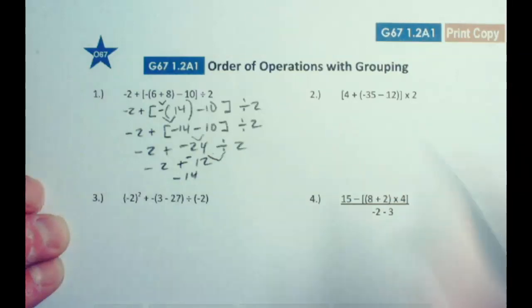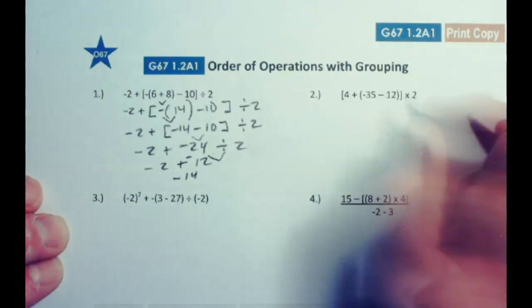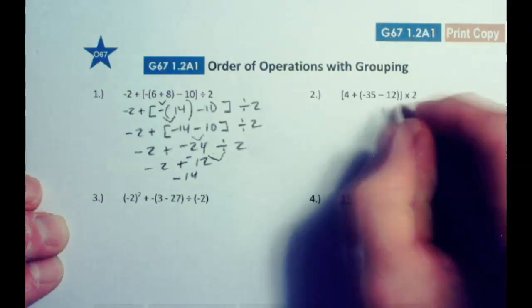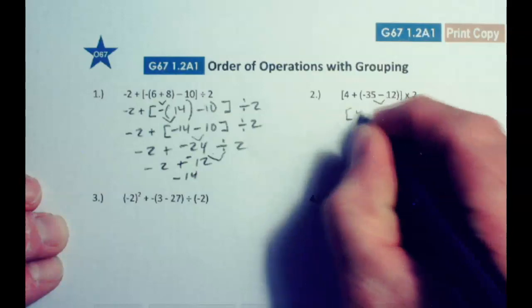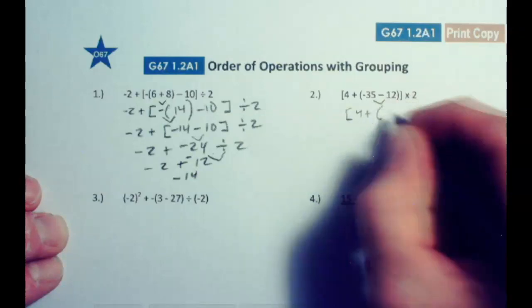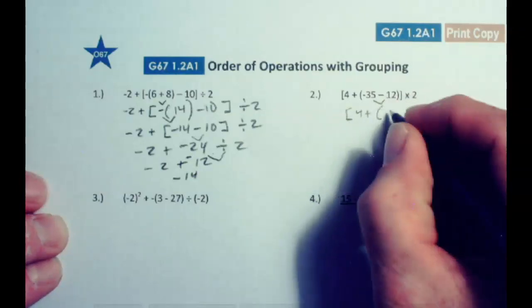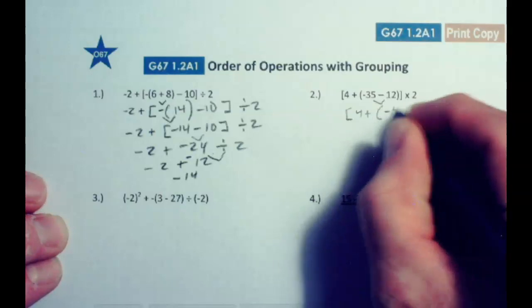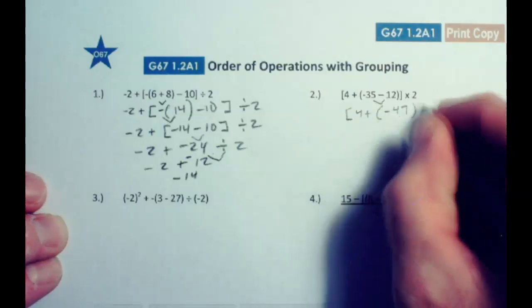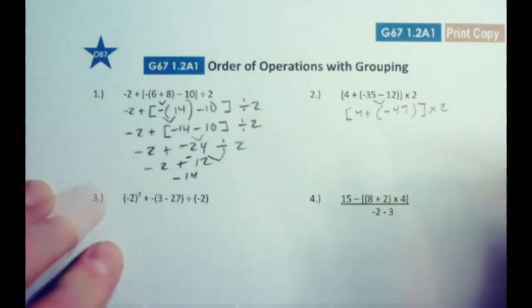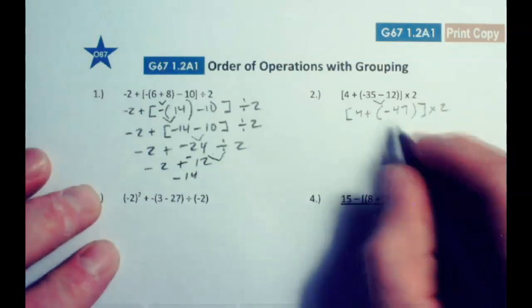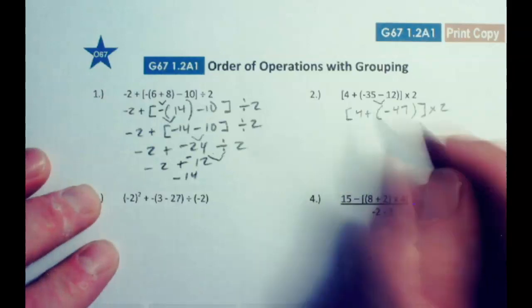Okay, this next one, this is the easiest one of the bunch, I think. Starting from the inside, you've got to do this first. Inside the brackets, you've got 4 plus, and in the parentheses, that looks like a negative 47. That whole thing times 2. So we can still combine these here.